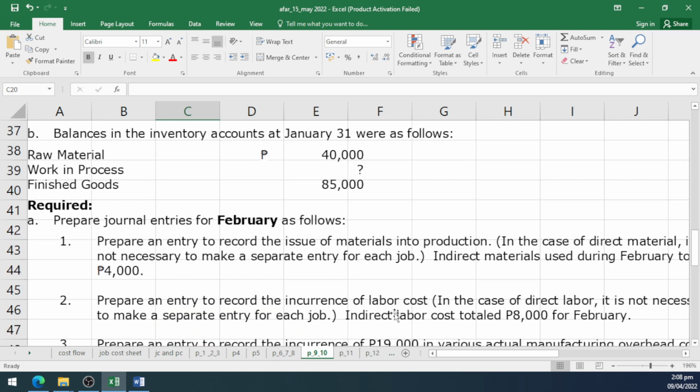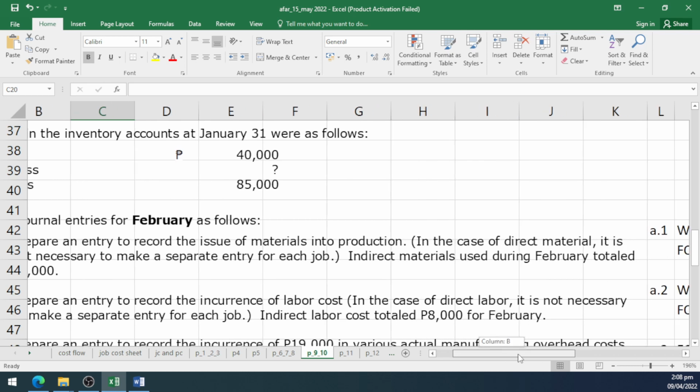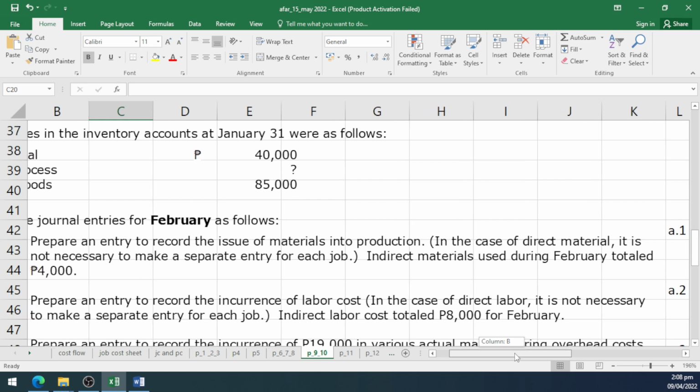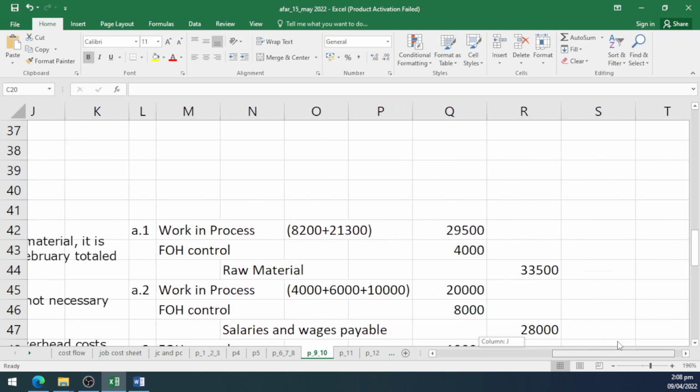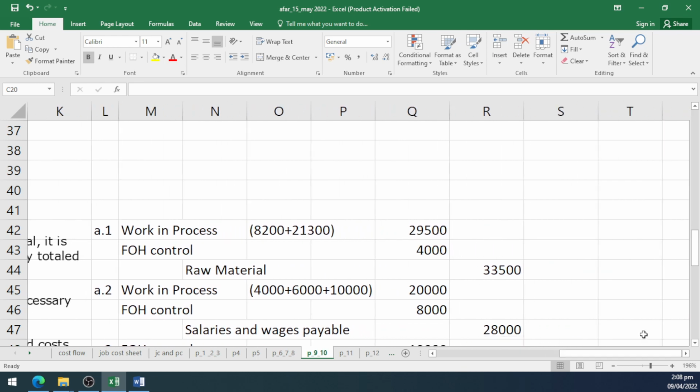Here are the requirements now for February. Prepare an entry to record the issue of materials into production. In the case of materials, it is not necessary to make a separate entry. Indirect materials used during February totaled 4,000. So here is the entry for the issuance of materials.